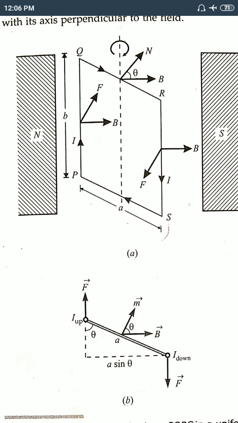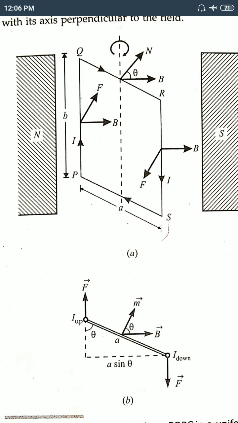Now the sides PS and QR are equal, each having length a, but opposite, because through PS and QR the direction of current is different. Both are parallel, but the current flows in opposite directions.